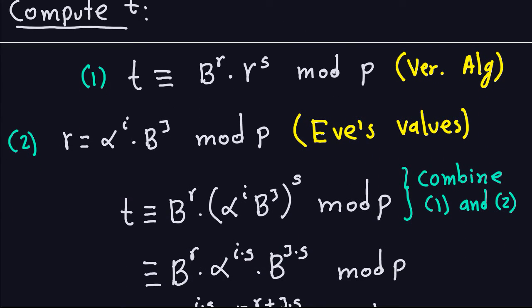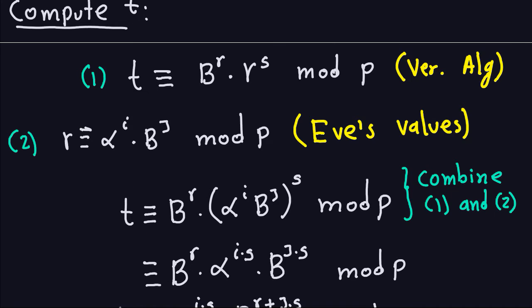Now, I'm going to combine these equations 1 and 2. Basically, I'm going to replace the r that is here in equation number 1 by this one. And I can actually do that because this is congruent. So this here is supposed to be the symbol for congruence. If I do that, which I can do because this is all modulo p, I can replace this r by alpha to the i, beta to the j, which is exactly this expression that I have here.